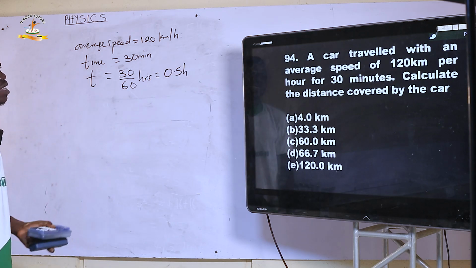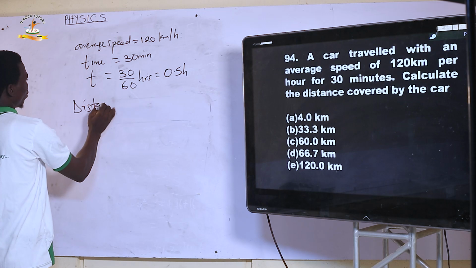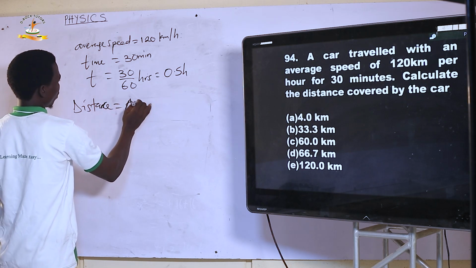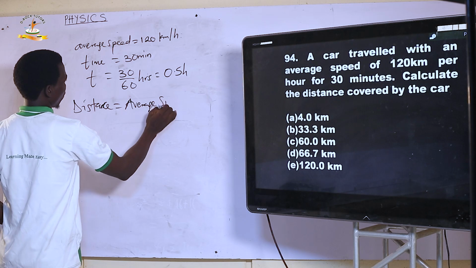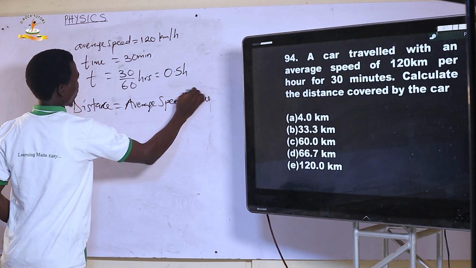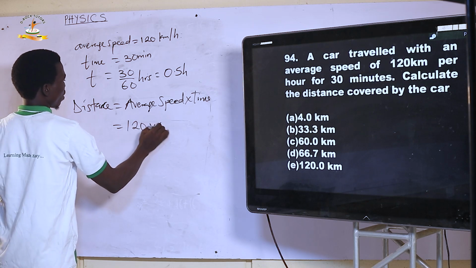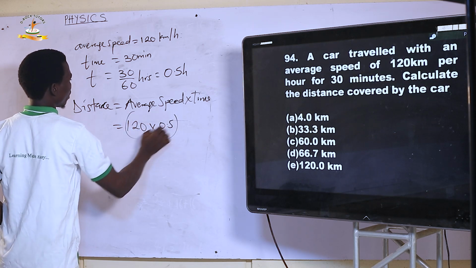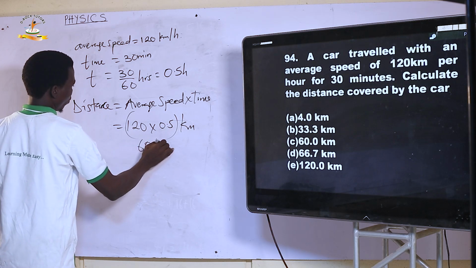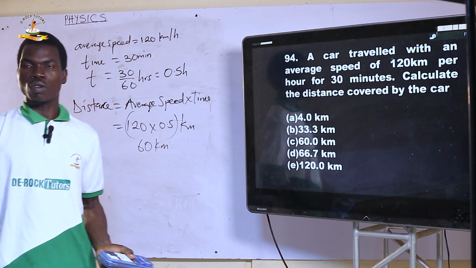And don't forget, distance is average speed times time. So we are going to have 120 times 0.5, all in kilometer, and this is simply 60 kilometer. So the correct option is option C, 60 kilometer.